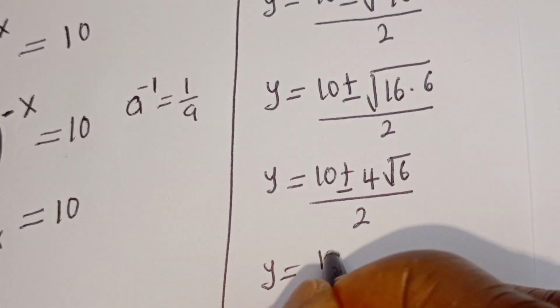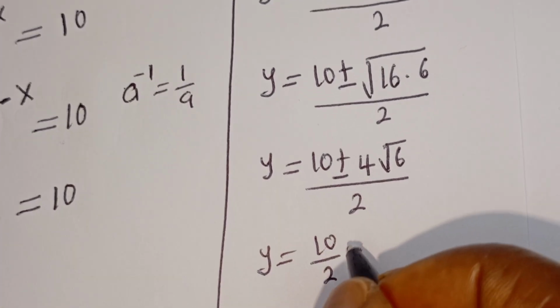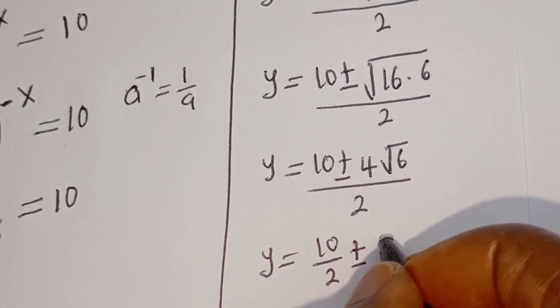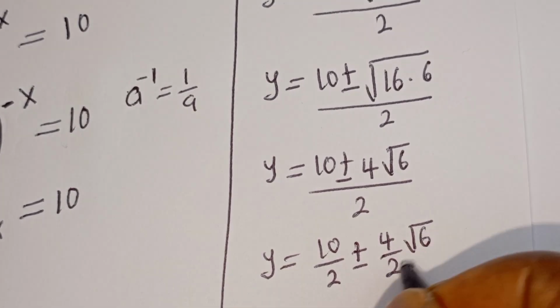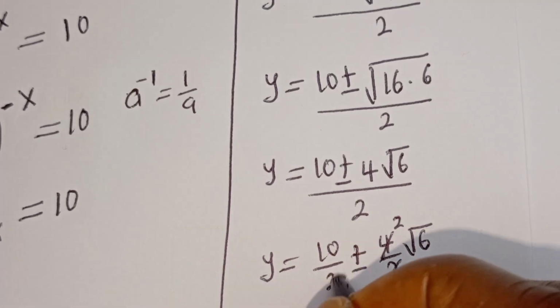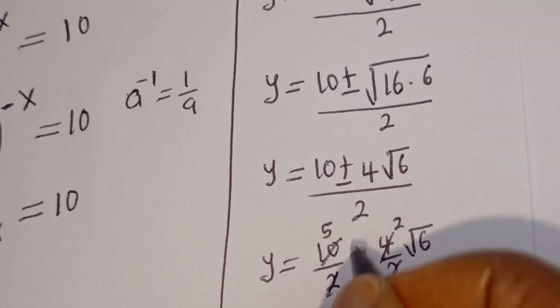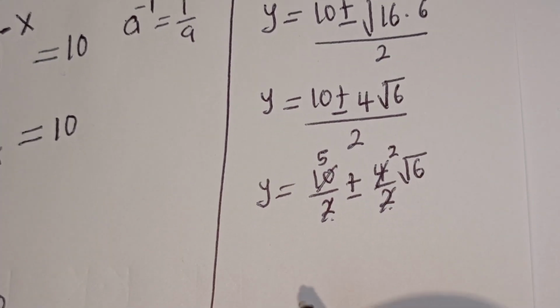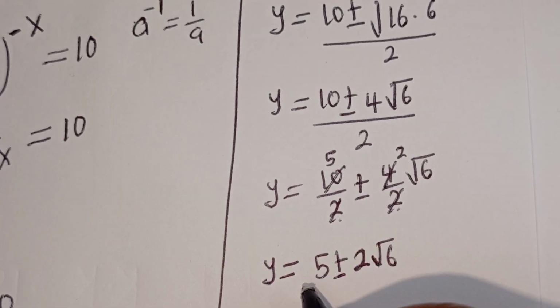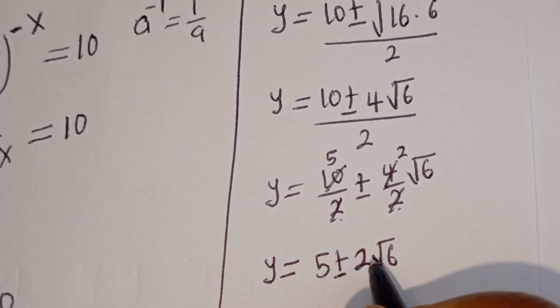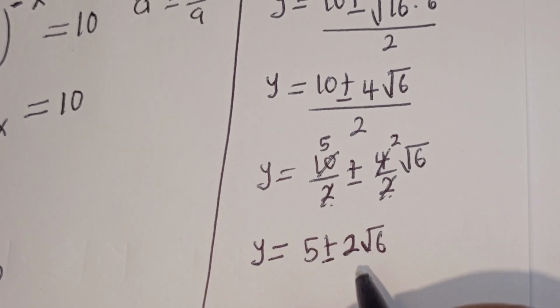Y is equal to 10 divided by 2 plus or minus 4 divided by 2 root 6. 2 here 1, 2 here 5. Y is equal to 5 plus or minus 2 root 6.